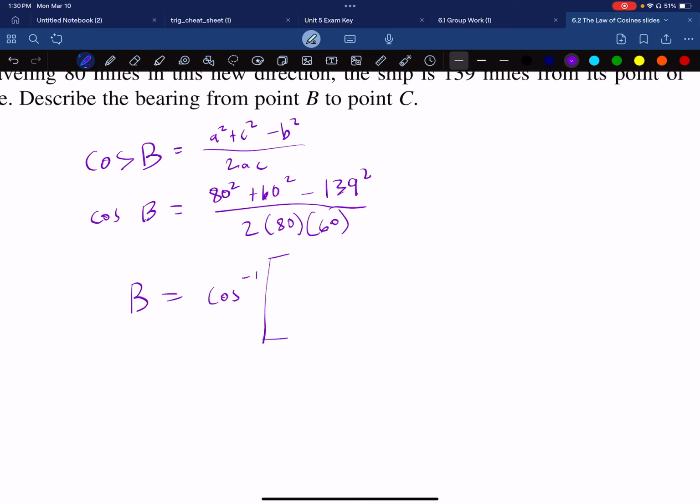We can enter this just as is in the calculator as long as we're careful with our use of parentheses. So we're going to want to enter it like I'm writing it.